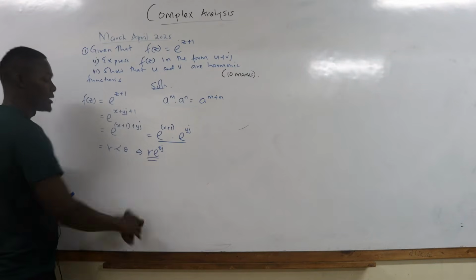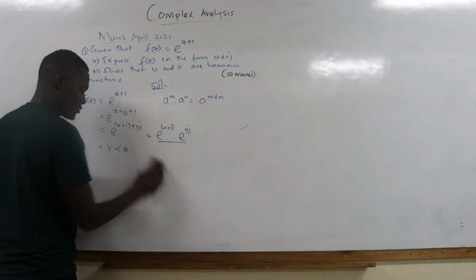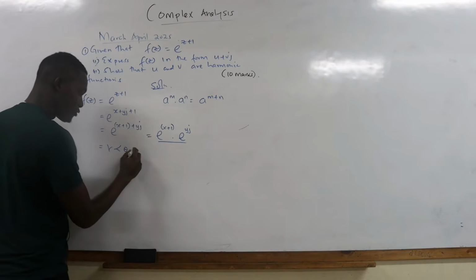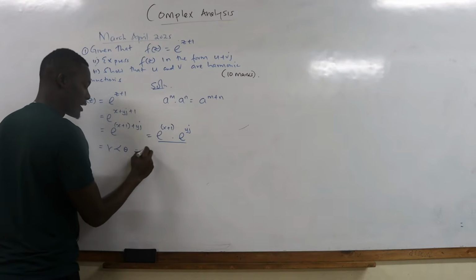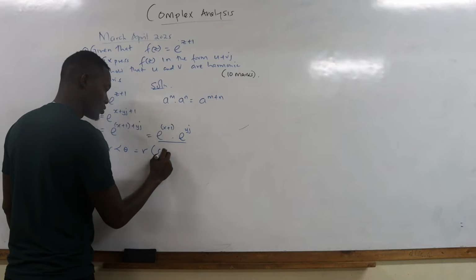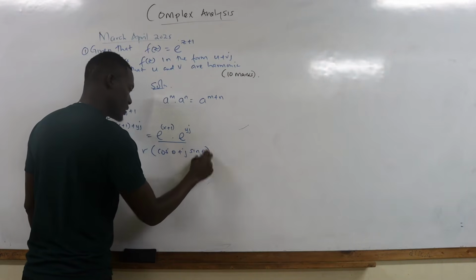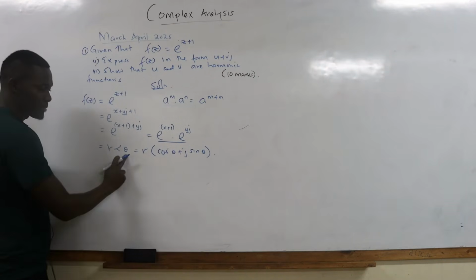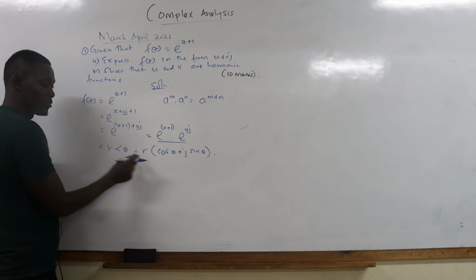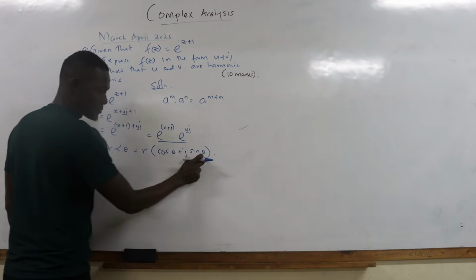In full, this is always written as r, then cos of theta plus j sine of theta.